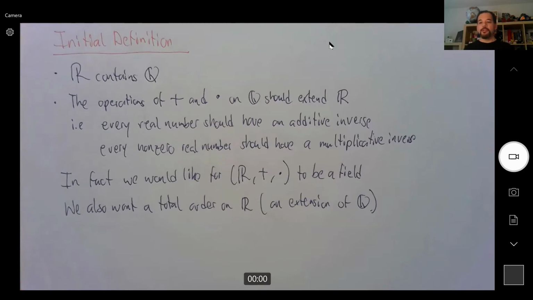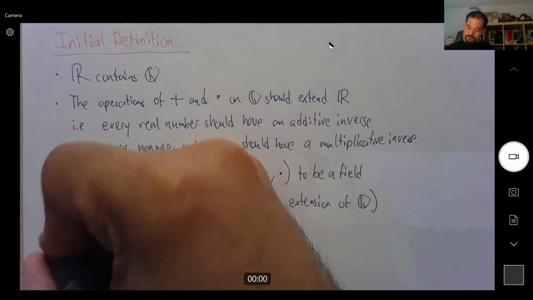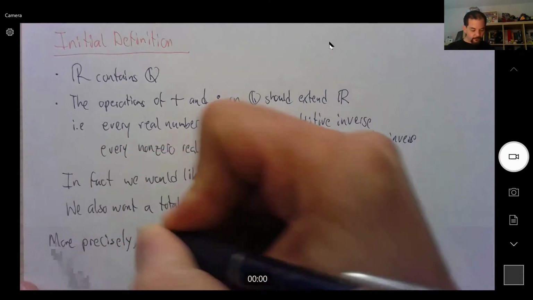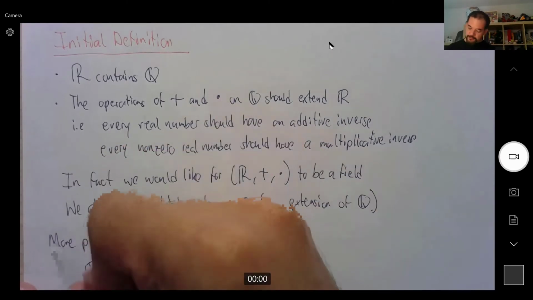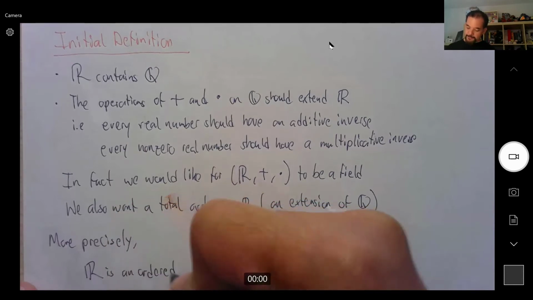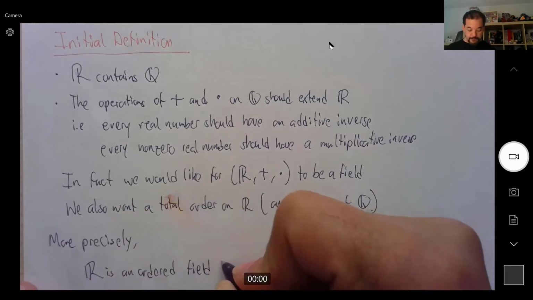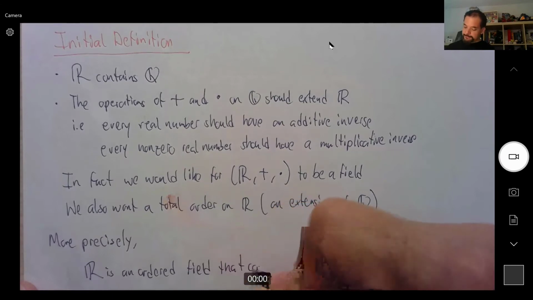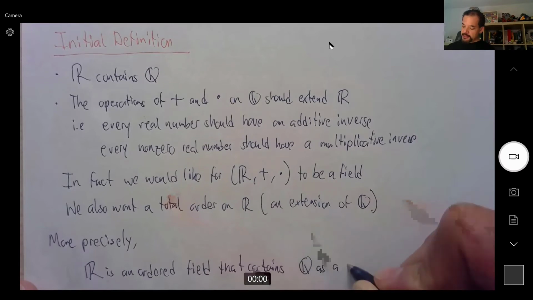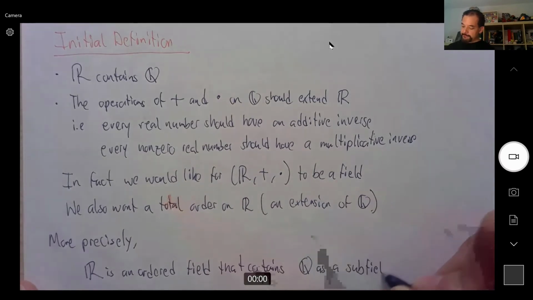So maybe all we need to do is say, well, the real numbers is a set that has these properties, right? So let me write it here more precisely. We want the real numbers to be an ordered field that contains the rational numbers as a subfield, right?